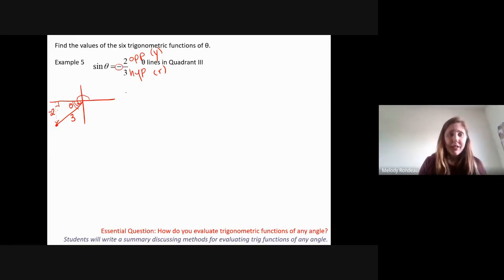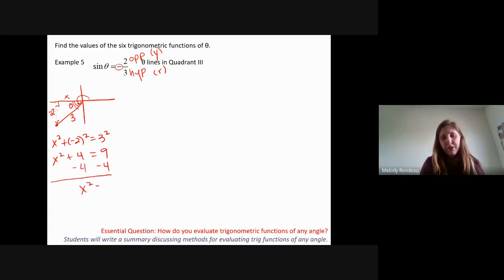Okay, so that's sine. Then I'm missing my adjacent side, so I have to do some Pythagorean theorem, and I'm going to call this x. So x squared plus negative 2 squared equals 3 squared. I get x squared plus 4 equals 9. Subtract that 4, and I have x squared equals 5.